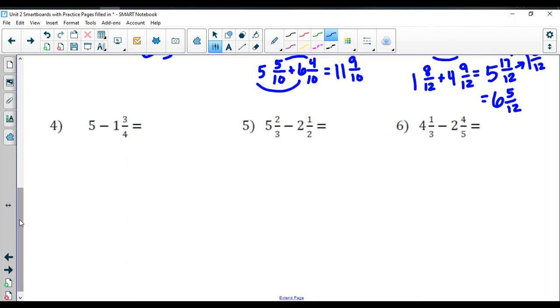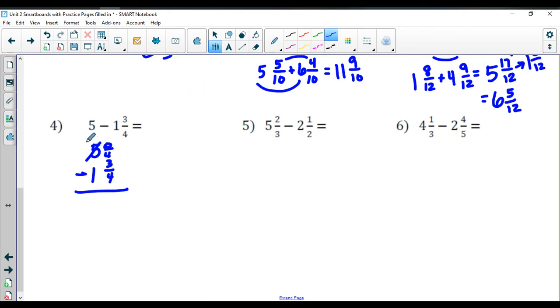In question number 4, this is kind of a complicated one. We have 5 minus 1 and 3/4. Sometimes when I'm doing ones where I have to change denominators or borrow, I find that it's easier to write them out stacked. So as of right now, I have 5 and 0/4. You would do the whole numbers and then subtract fractions, but I can't do 0 minus 3.